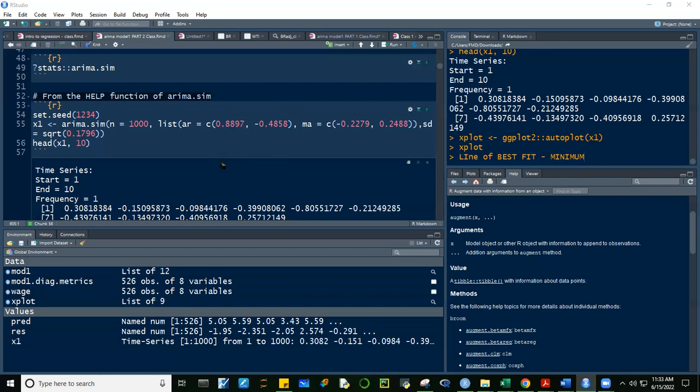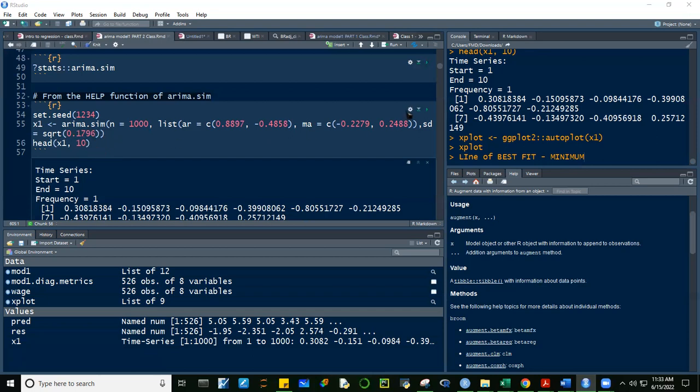And also the sum A1 plus A2 should be less than 1 also. So this is okay also kasi if we add these two coefficients, it's less than 1. Okay, for the MA, ganun din, guys. Less than 1, that's okay. Add the two, less than 1, that's okay. And then we suggested a standard deviation, which is just the square root of a certain number.